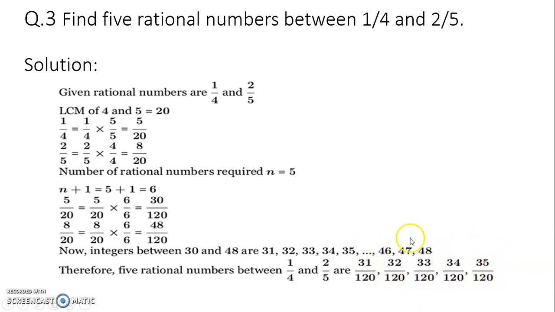You can also write 46 by 120, 47 by 120, because all of them lie in between 1 by 4 and 2 by 5. I hope you have understood. So you must know that there are infinite numbers that lie in between any two given rational numbers. There are infinite number of rational numbers.